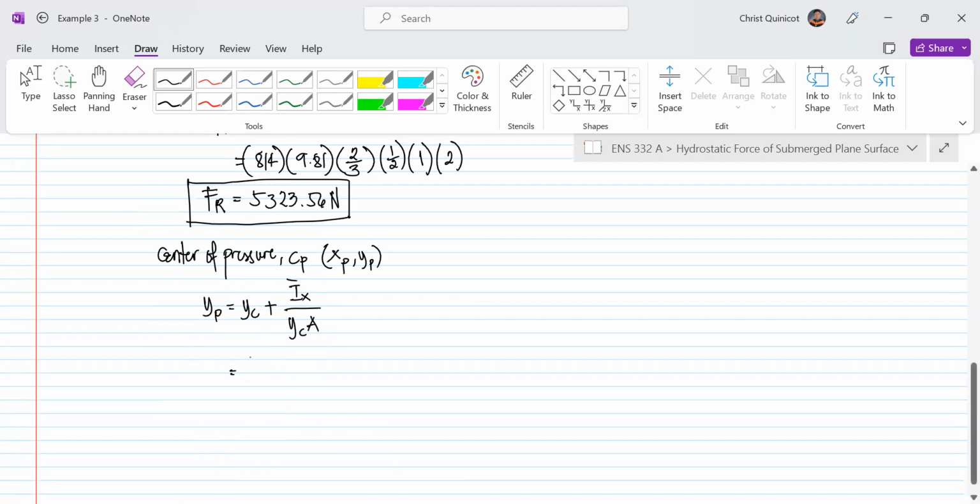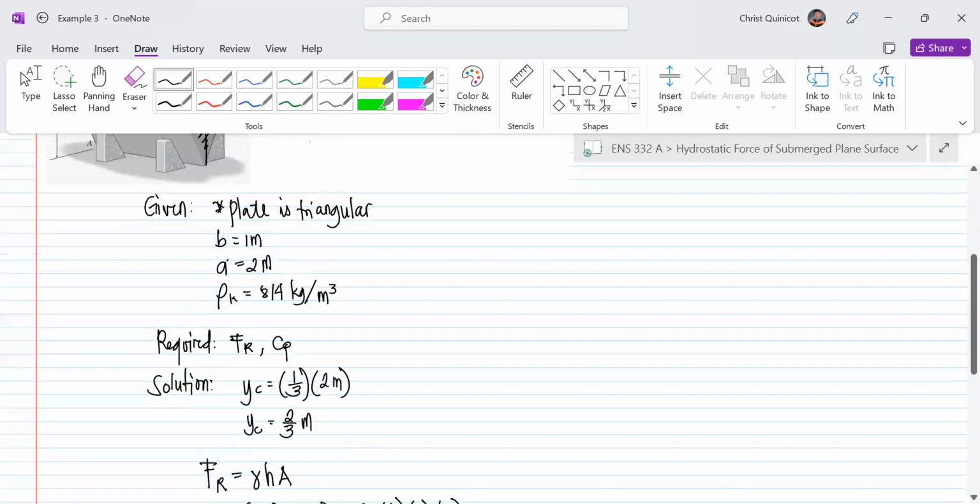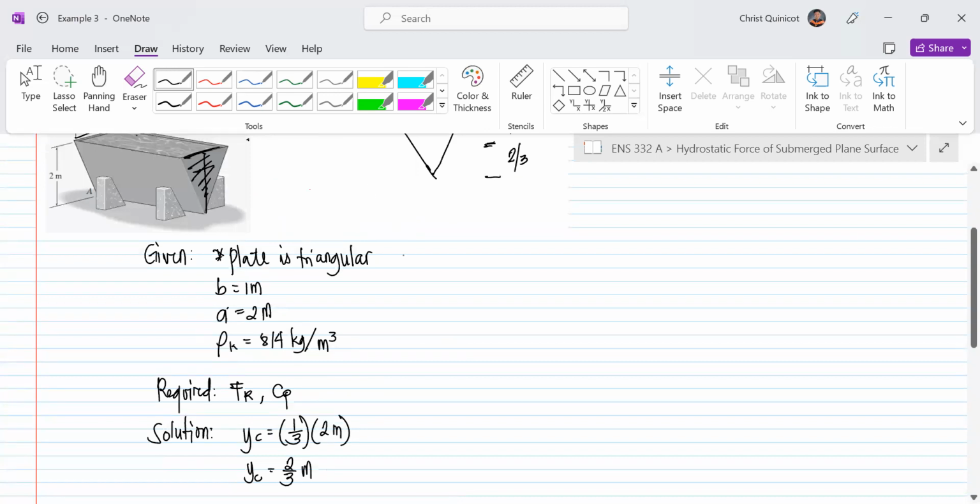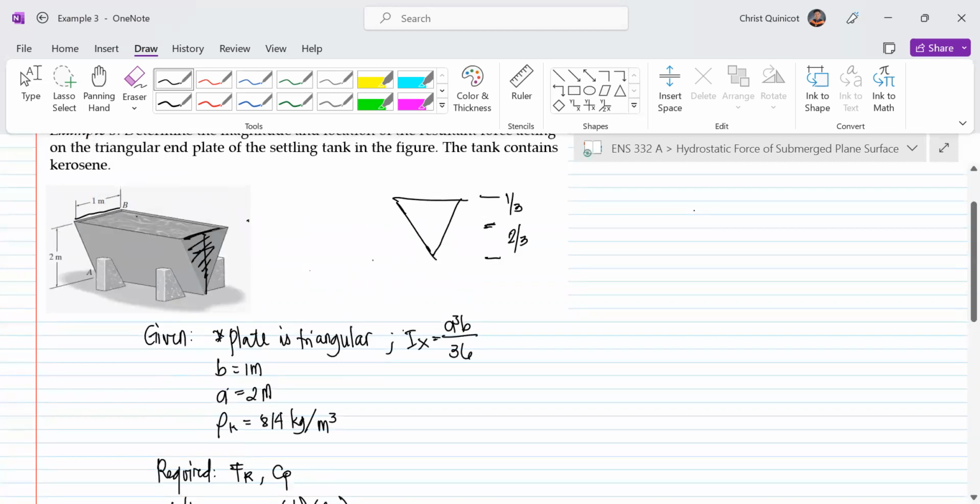Now, this is 2/3 plus, our formula for I sub x for triangular plates, I sub x is equal to a cube b over 36, wherein a is the height from the tip, and b is the measure of our base.